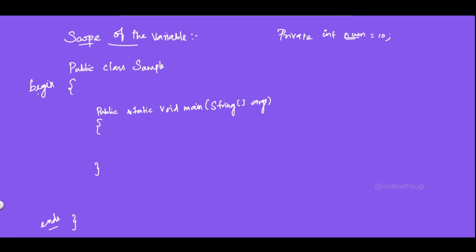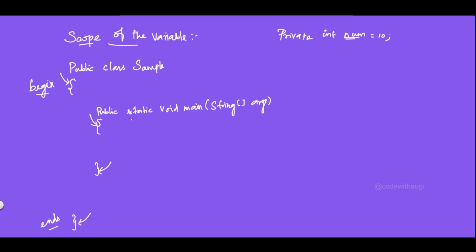If someone asks where this class exactly begins, you point to this place, and where it ends, you show this point. The same way, if I ask where the main method starts, this is the place where the main method starts, and this is where it ends.